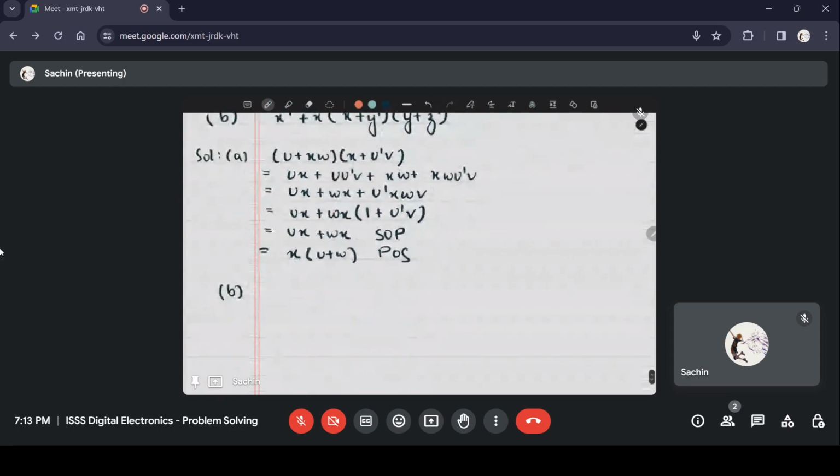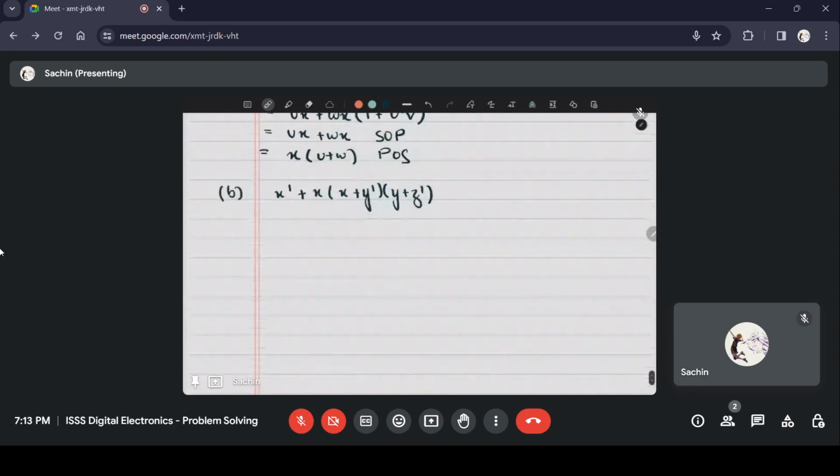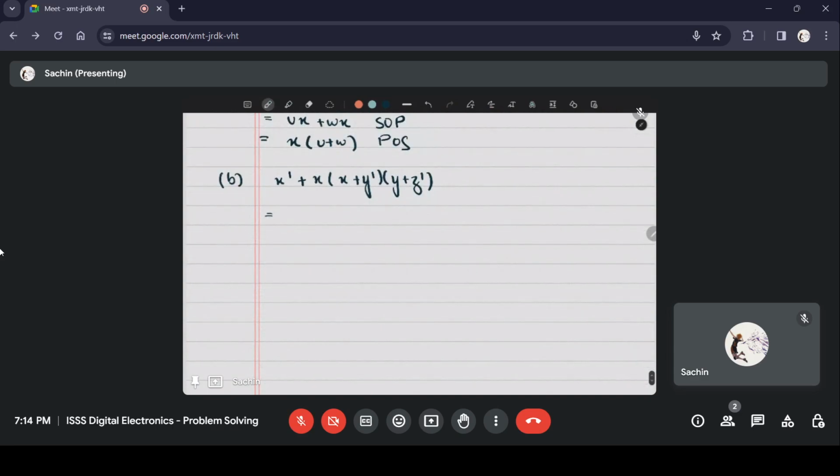Okay, for part B, x prime plus x into y prime into y plus z prime. We can use the distribution of addition over multiplication and write this as x prime plus x and x prime plus x plus y prime y plus z prime.